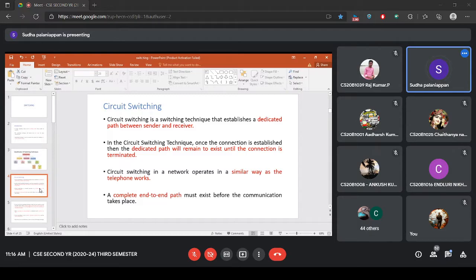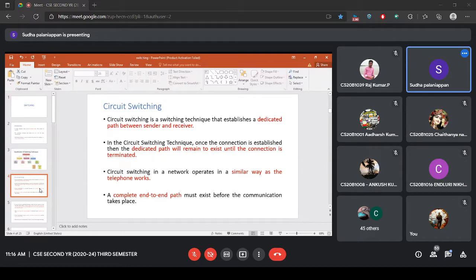In circuit switching, a dedicated communication path is established between two end systems, and it remains open until we disconnect. This is similar to how we make a telephone call.